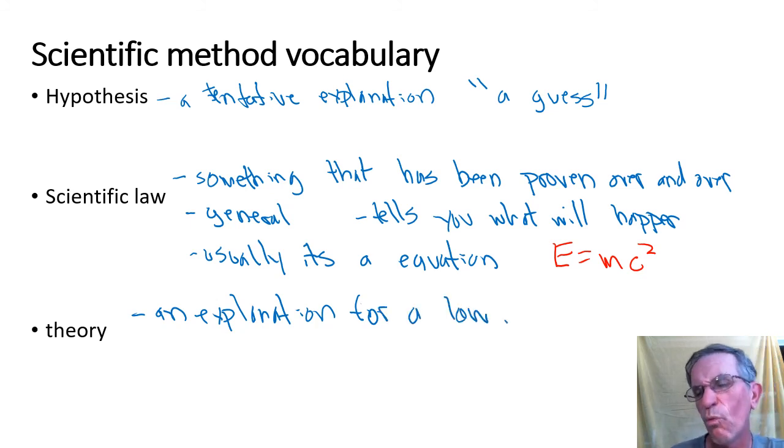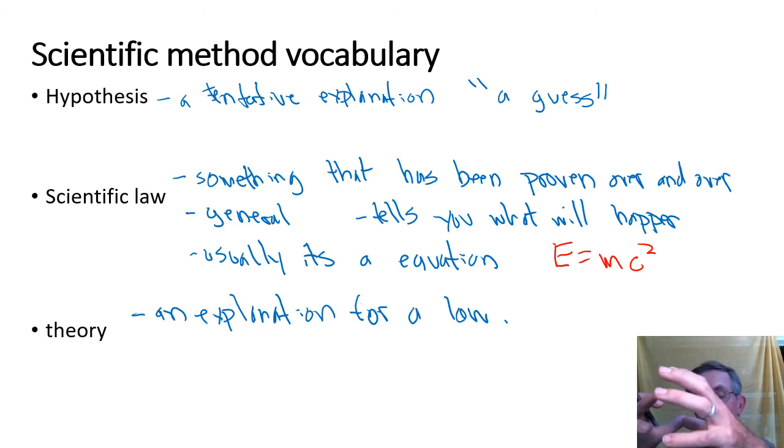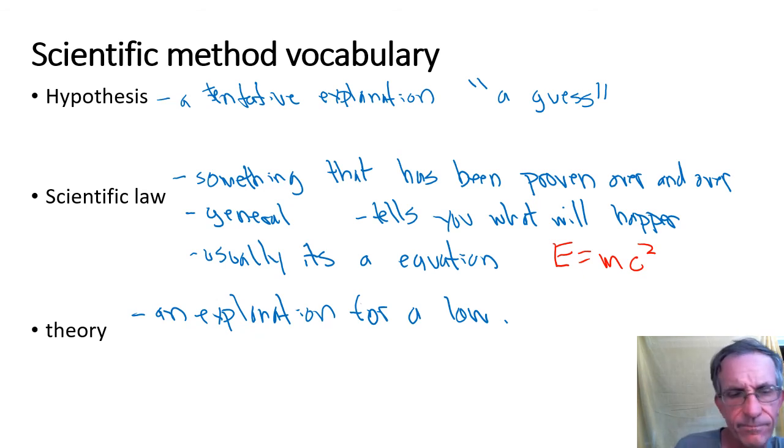It explains to you why energy and mass are related. Or like in our chemistry example, why is it that when you do something, the weight in the beginning always matches up with the weight at the end? Why are the weights staying the same? Well, the reason is there's a theory, and that theory is called the atomic theory.